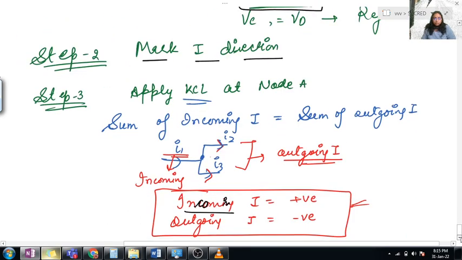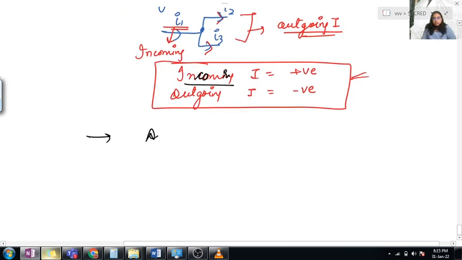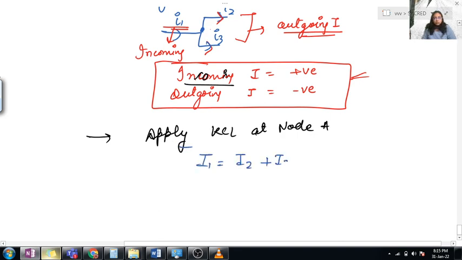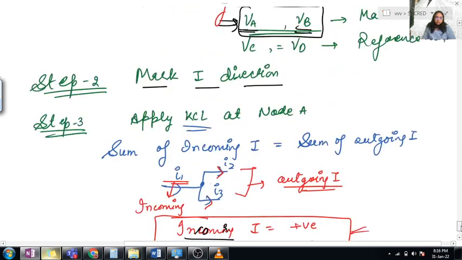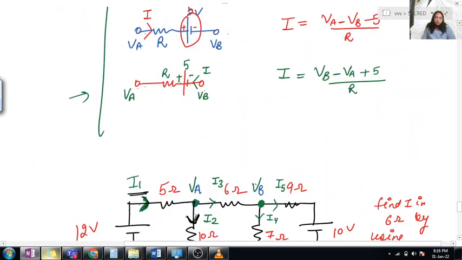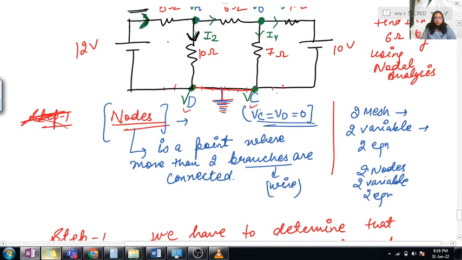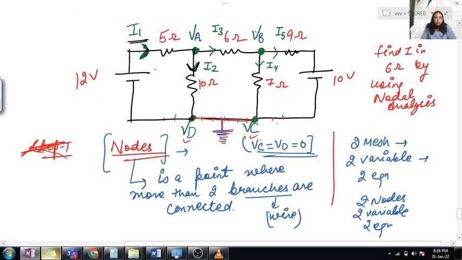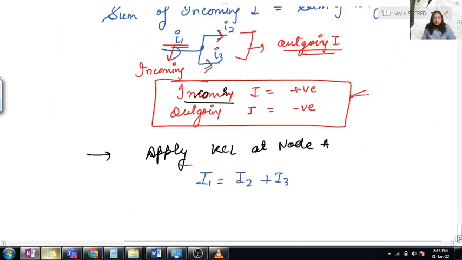So I am writing down this statement: apply KCL at node A, that is I1 is equal to I2 plus I3. Clear? I1 is the incoming current, I2 is the outgoing current, and I3 is the outgoing current. So the sum of incoming current is equal to the sum of outgoing current. Okay, clear?